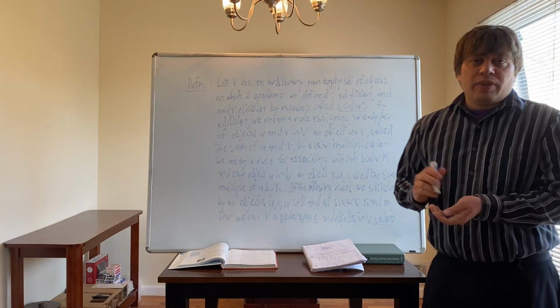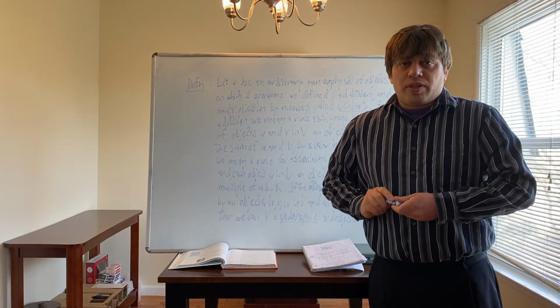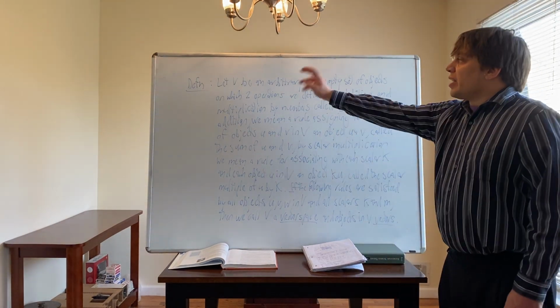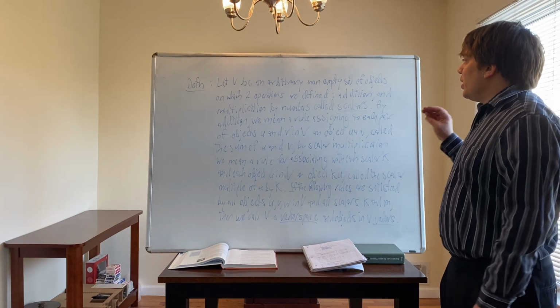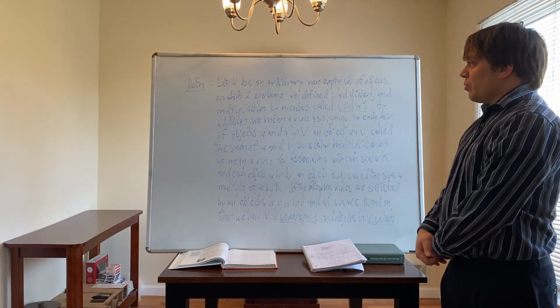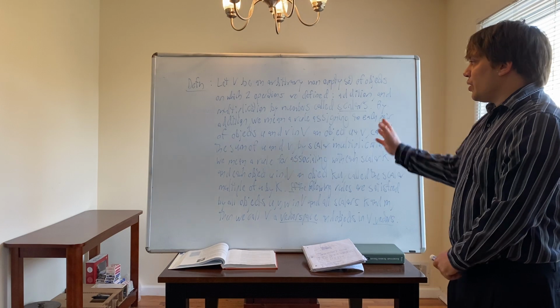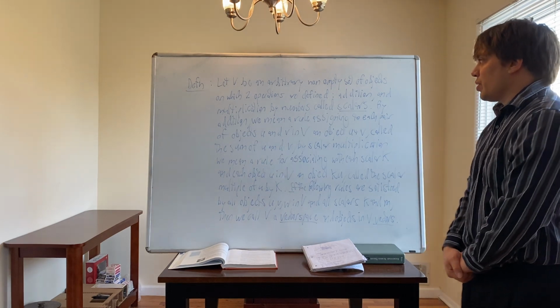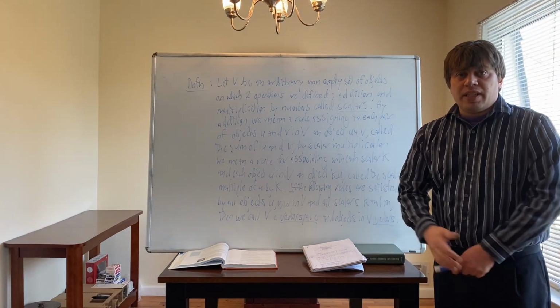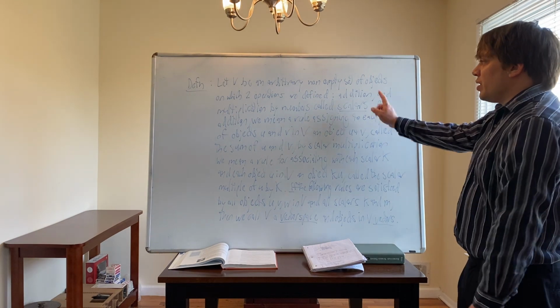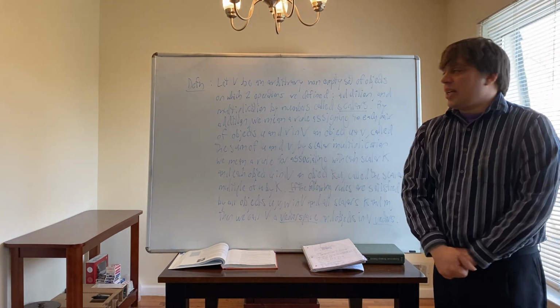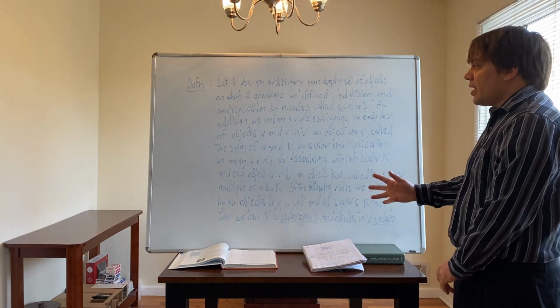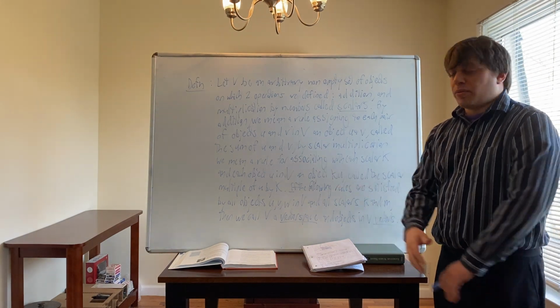Okay, so let me read through the first part of this definition again. Let capital V be an arbitrary, non-empty set of objects on which two operations are defined, addition and multiplication by numbers called scalars. So we have a set V, and we have two operations, addition and scalar multiplication.